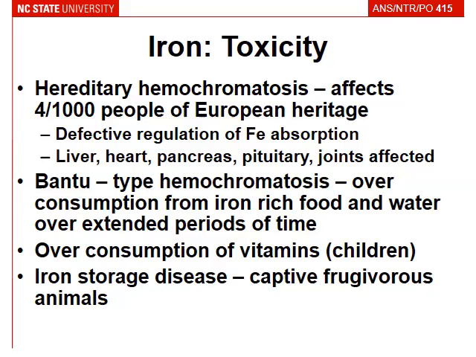Basically, those individuals have defective regulation of the iron absorption, so they are unable to control the amount of iron that their intestines are absorbing. So if you have that genetic mutation, you really have to limit the amount of iron in your diet. It ends up affecting the liver, the heart, pancreas, pituitary, and your joints.